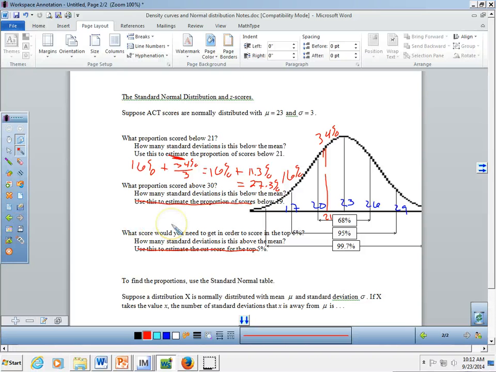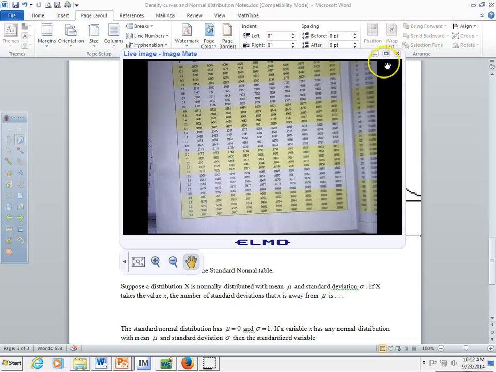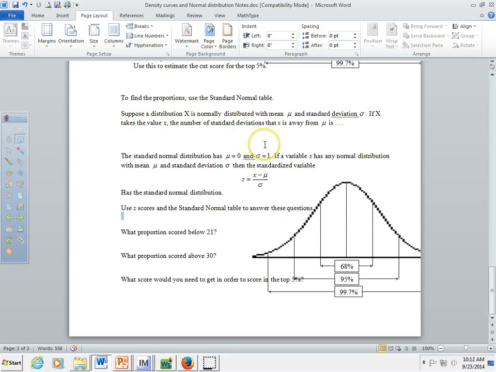And here's how we're going to do that. First, for 21, we'll scroll down here because there's another space here that has us use the standard normal table. And so that's what this says, right?